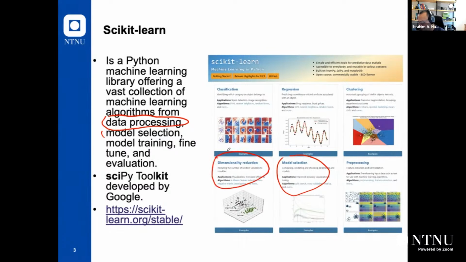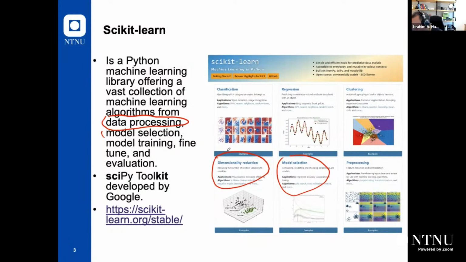Dimensionality reduction is a very important technique because we can use it to increase efficiency. In fact, we can reduce the dimension of our data so we can easily visualize it, and we can also increase the performance of our models by removing noise and redundant data, for example. So we can just keep the most important data for building our model.